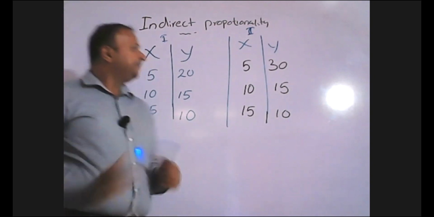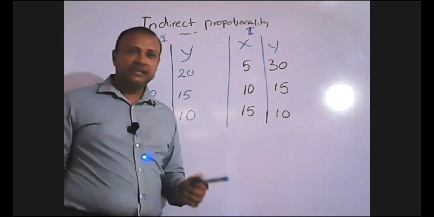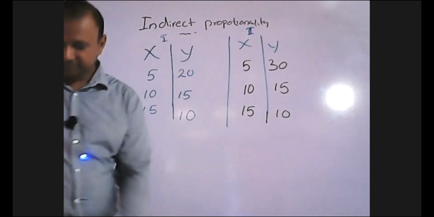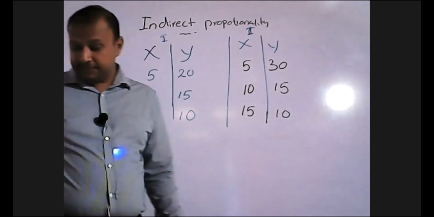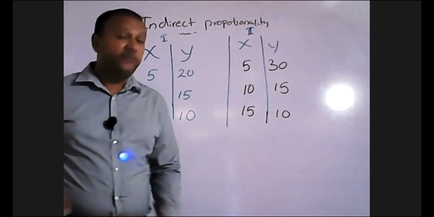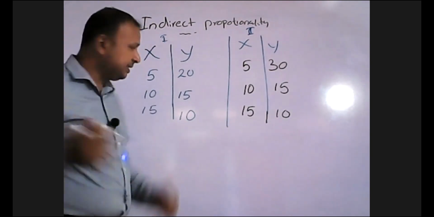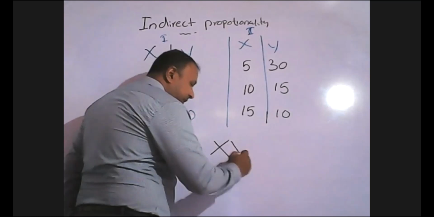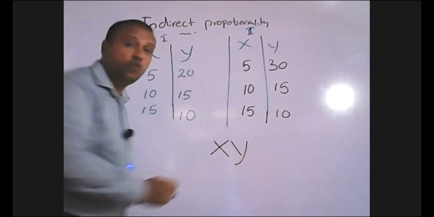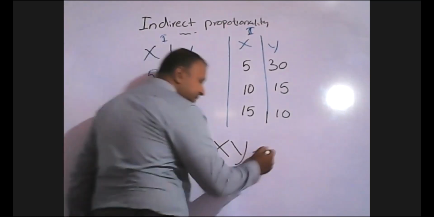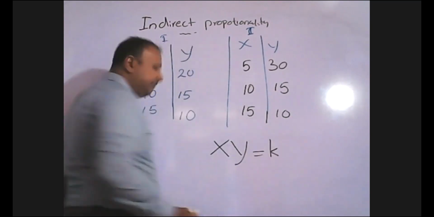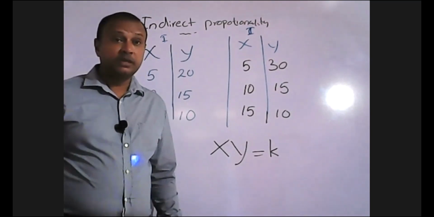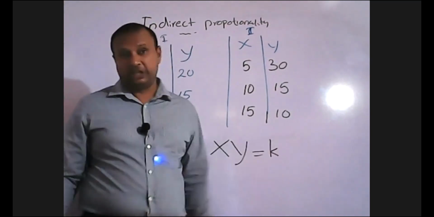In this case, the indirect proportional one is case 2, not case 1. Because the definition of indirect proportionality is, if the product of any two physical quantities is constant, then those physical quantities are said to be indirectly proportional to each other.